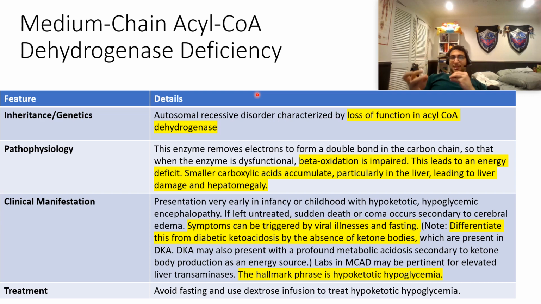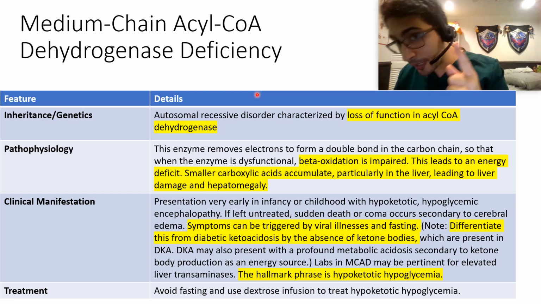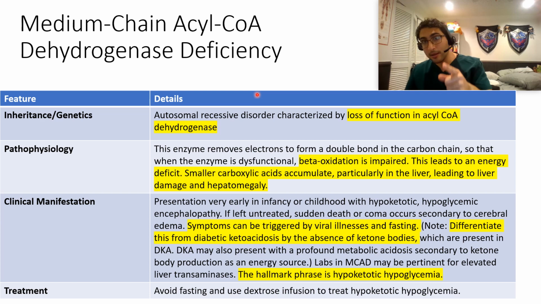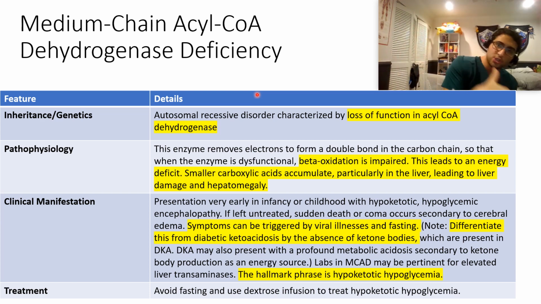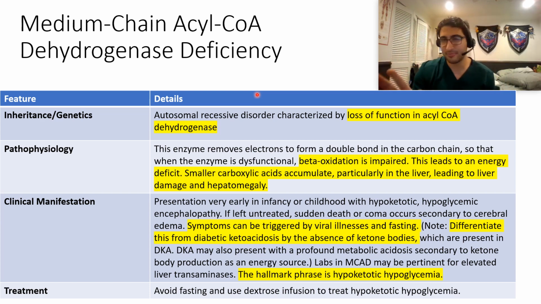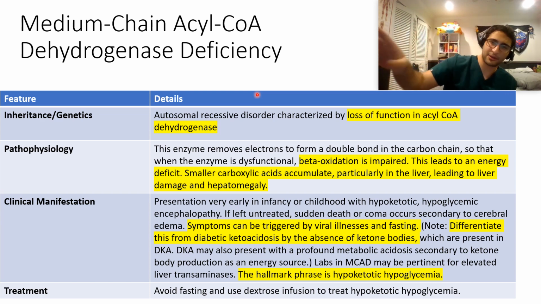Now, the presentation happens very early in infancy and childhood. You get a hypoketotic, hypoglycemic encephalopathy versus a hyperketotic encephalopathy that's hypoglycemic in diabetic ketoacidosis. Why? Because your blood sugar has tanked so low, and this can happen in either type 1 or type 2 diabetics, so don't stress out about that specifically.